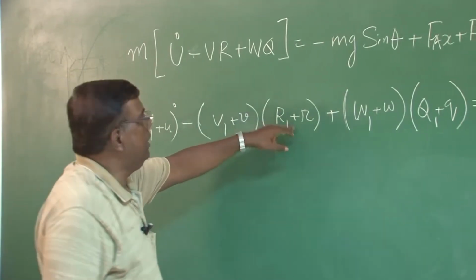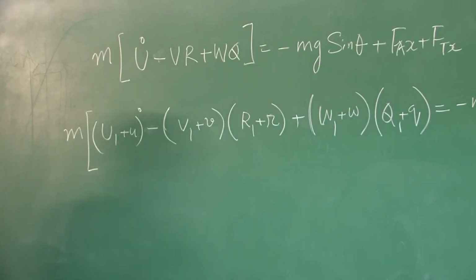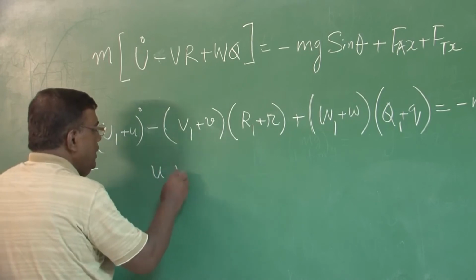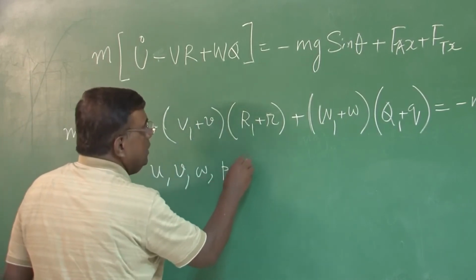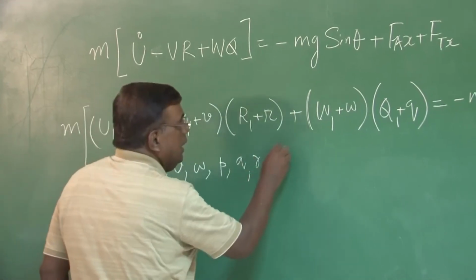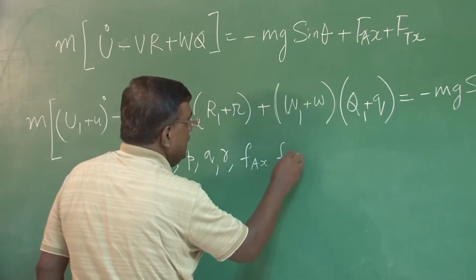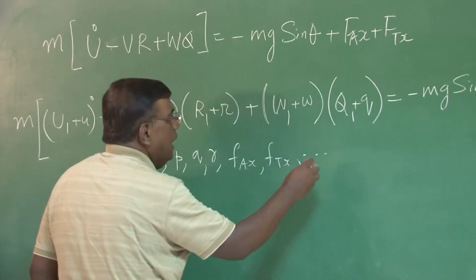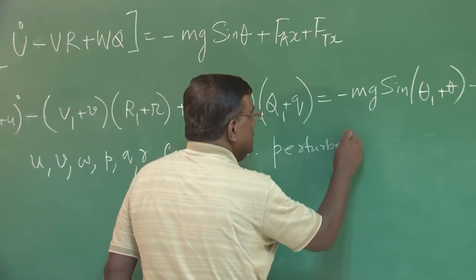Similarly other terms, and we know all these u, v, w, p, q, r, fax, ftx, etc. are perturbed quantities.